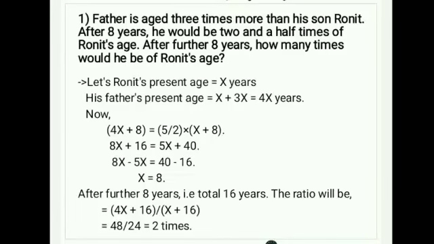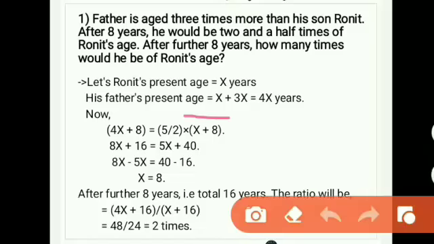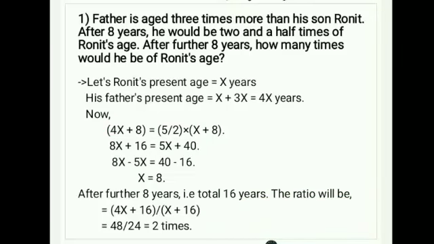Which gives 4x years. Now comparing these two, after 8 years we get 4x plus 8 is equal to 5 by 2 times (x plus 8). Why do we take 5 by 2? Because 2.5 is equal to 5 by 2. Simplify this problem.